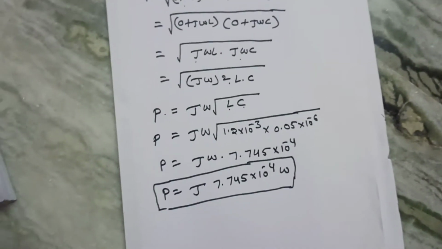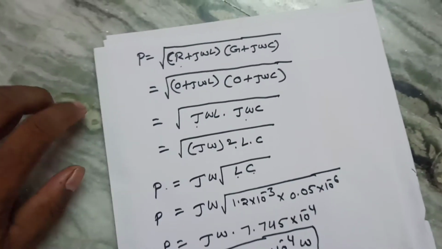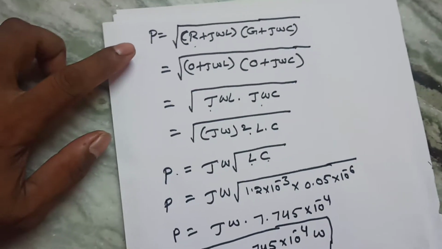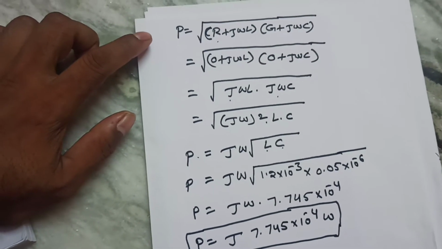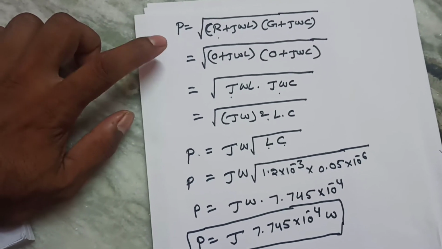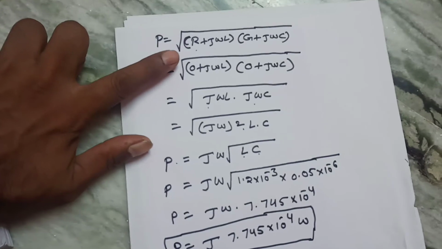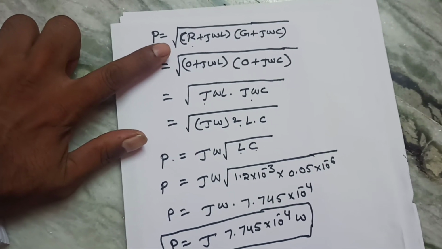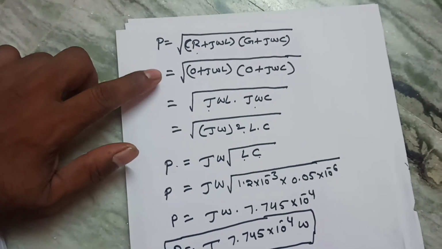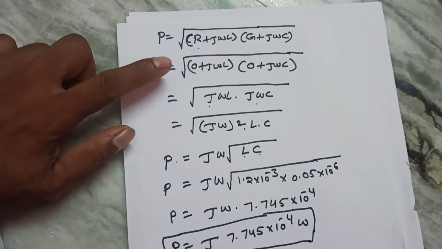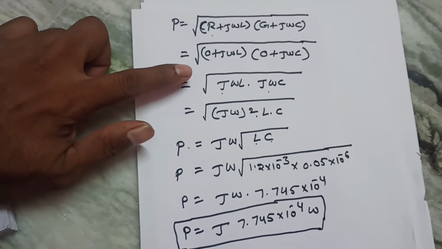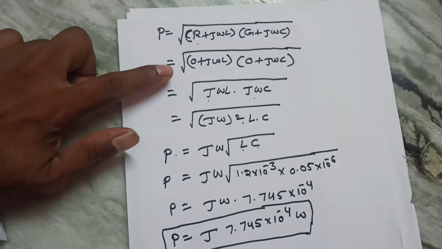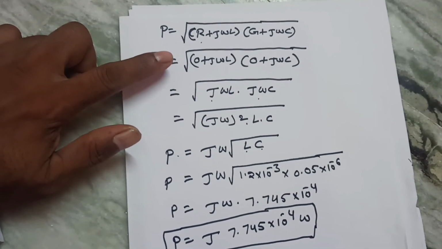Here once again I want to explain. The formula for the propagation constant P is equal to square root of (R + jωL) into (G + jωC). The given values in the problem are R equals 0 and G equals 0, so we substitute them into this equation.